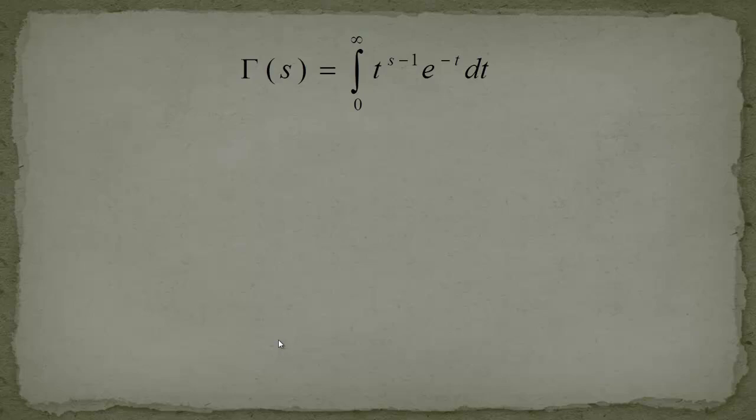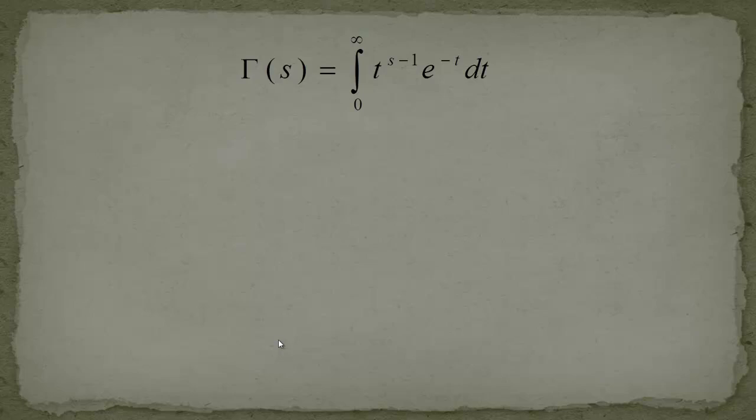So we should just start off with the gamma function. Remember that the gamma function of s is defined by the integral from 0 to infinity of t to the s minus 1 e to the minus t dt. Now if you remember the Riemann functional equation from the first slide, we didn't have s in the gamma function, we had s over 2.